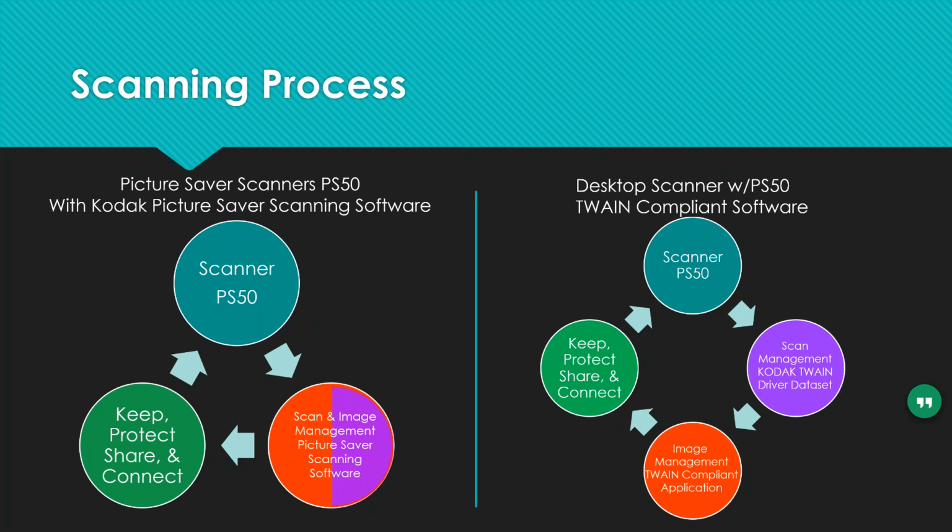So instead of having the scanning and image management both handled by the Kodak Picture Saver scanning software, the scan management is managed through the Kodak Twain driver dataset, and image management is handled with a Twain compliant application.